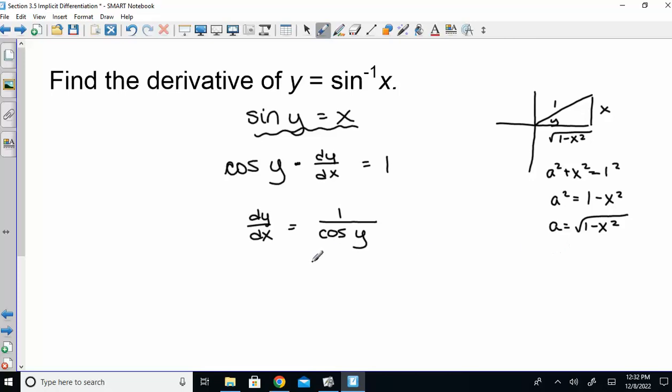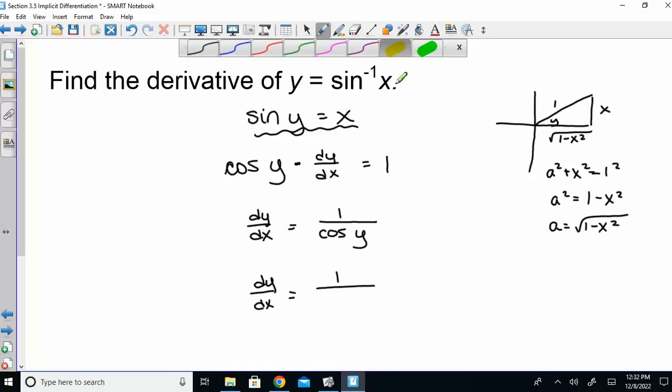Alright, so then my question is, dy/dx is 1 over the cosine of y. So if I wanted the cosine of y, from angle y, cosine is adjacent over hypotenuse. So what is cosine of y?